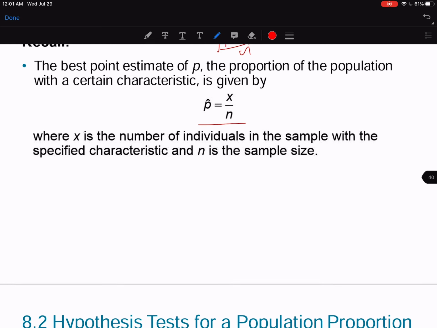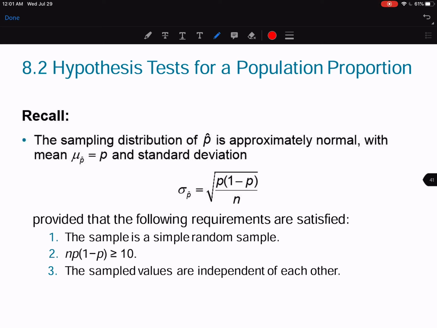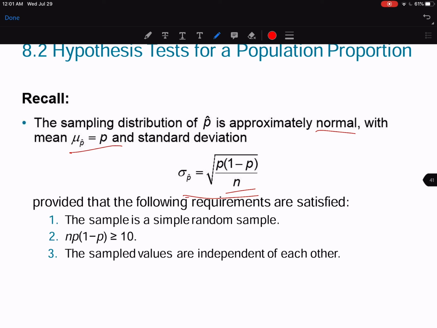And then we have this whole thing here. Actually, we have seen this in the previous slides. Let's just go over it again. The sampling distribution of p hat is approximately normal, with mean equal to p, and standard deviation equal to this whole thing here, provided the following requirements are satisfied: the sample is a simple random sample, np times 1 minus p is greater than or equal to 10, and the sample values are independent of each other.